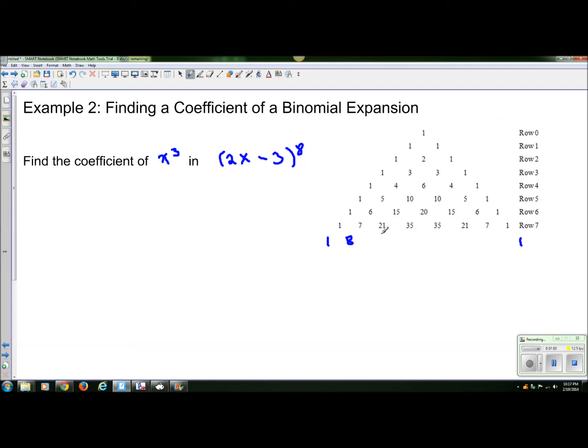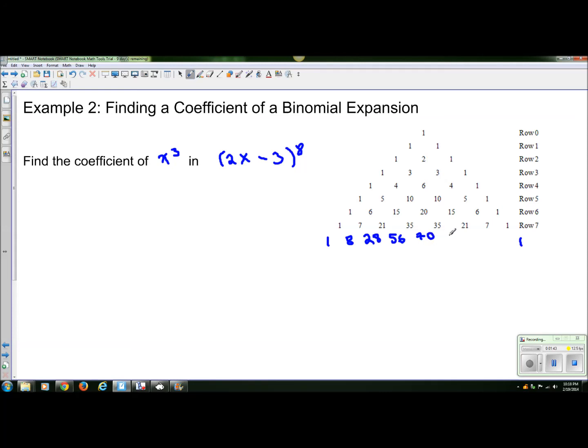And the entry after that is going to be 28, because 7 plus 21 is 28. And the next entry is going to be 56, because 21 and 35 is 56. And our next entry is going to be 70, because 35 plus 35 is 70.